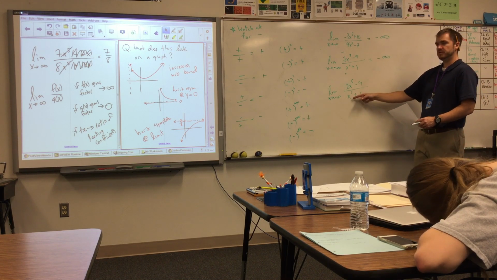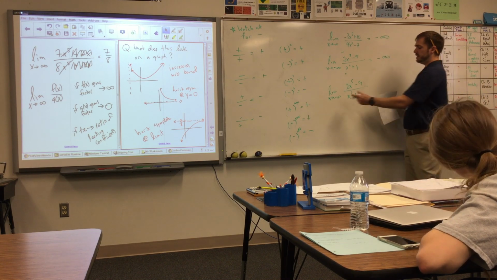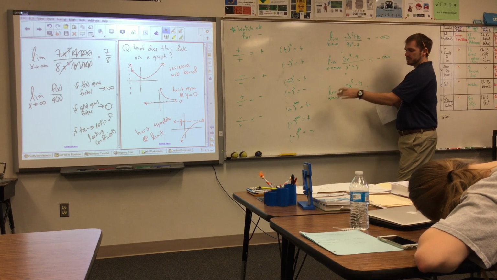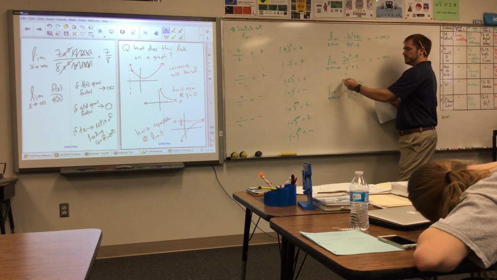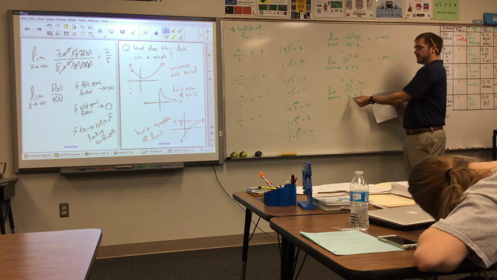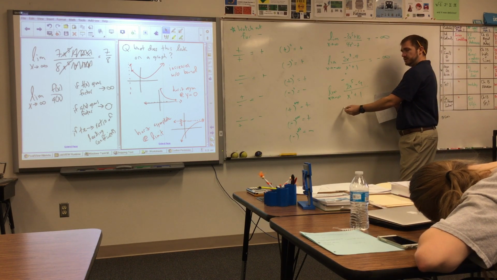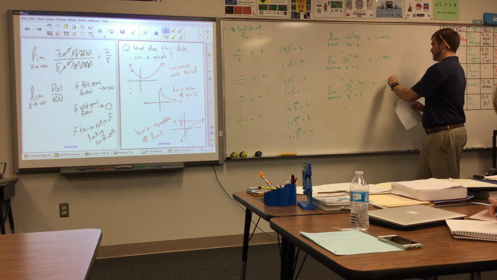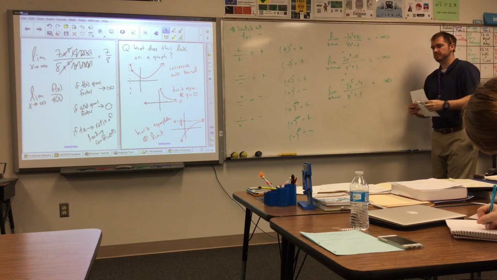Because it's x to the 5th versus x cubed. However, we've got negative infinity to the 5th. So negative, negative, negative, it's an odd power, so it's going to be negative right there. X cubed is going to be negative. Okay? Negative over negative is a positive. So it's positive infinity.